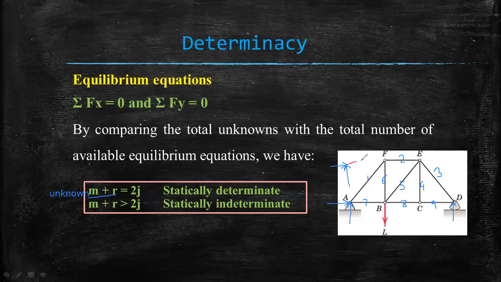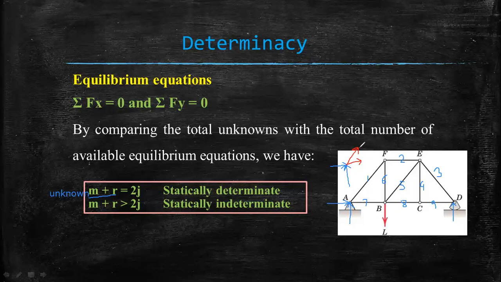There will be one member force AB, and one member force acting in this direction, that is member force AF. Clear? So this is one member force, this is one member force. This is an unknown reaction, this is an unknown reaction.